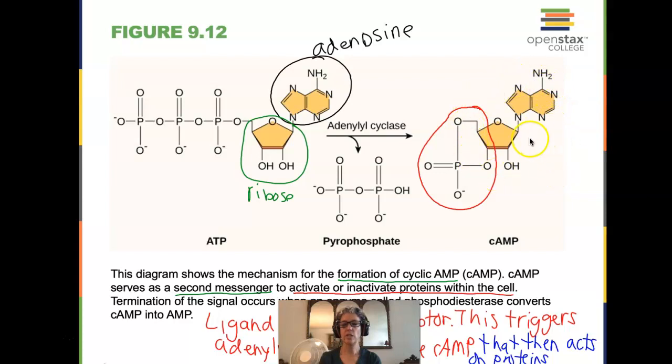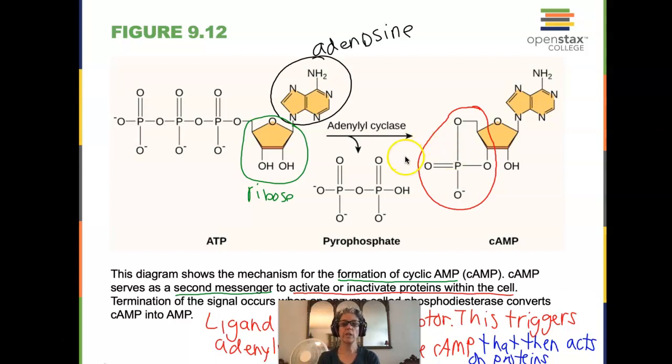This is the adenosine. We have the ribose sugar with an adenine on it. And it is monophosphate because we have only one phosphate. It is cyclic because this phosphate is bound to the ribose in two places, making a nice little molecular circle.